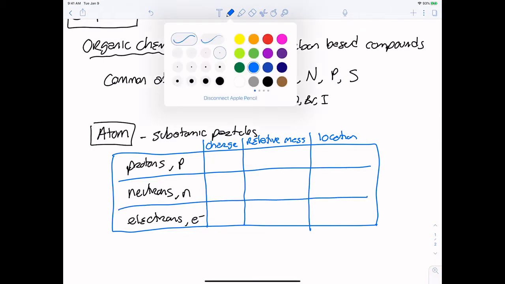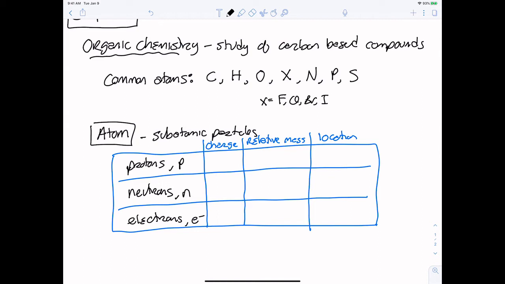So a proton, what's my charge on a proton? Good, +1. Neutrons, electric charge. Yeah, 0, no charge. Electrons, -1, good job.